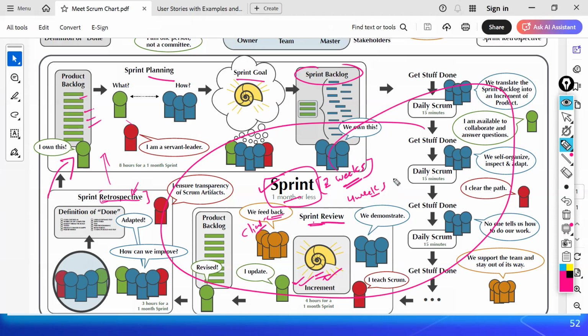For that 4 weeks of sprint that you just completed, this meeting may go 3 hours. They'll discuss, okay, we just completed a sprint, right? So what was good about that sprint? What are the problems that we faced? How can we resolve those issues before we start our next sprint planning?